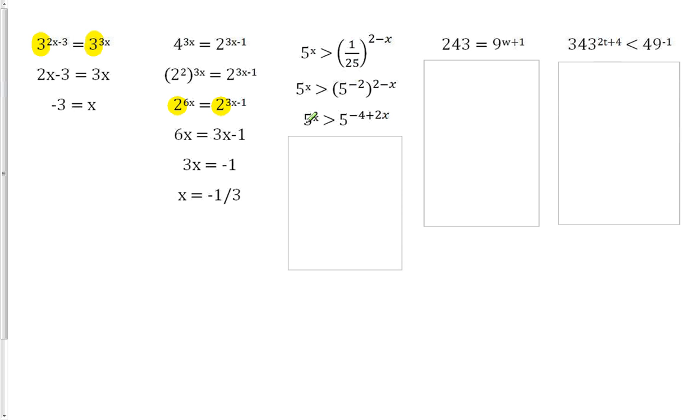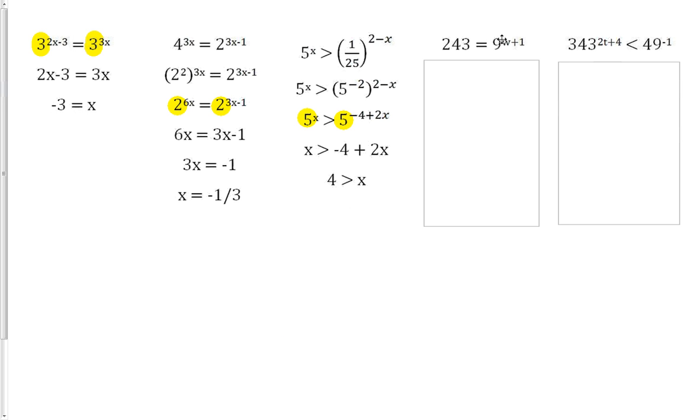Now don't get too worried about the fact that we have this inequality sign. In problems like this, we will simply take our exponents and keep that inequality sign right where it is. So you'll see we take that x down here, we take the negative 4 plus 2x here, inequality sign doesn't change. Subtract x from this side, move the 4 over, and we have 4 is greater than x as the solution to this.